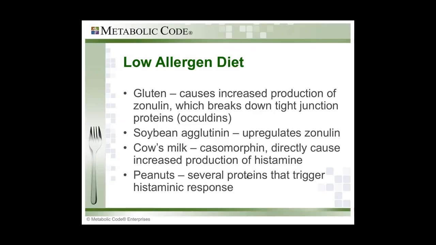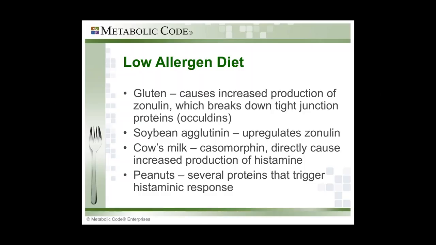And same with peanuts. There are several proteins in peanuts that trigger this histaminic response. So eating these allergenic foods can be more problematic for some people, especially in the instance of wheat. But these are substances that are known to do these things. So diet can drive the tendency toward this problem.